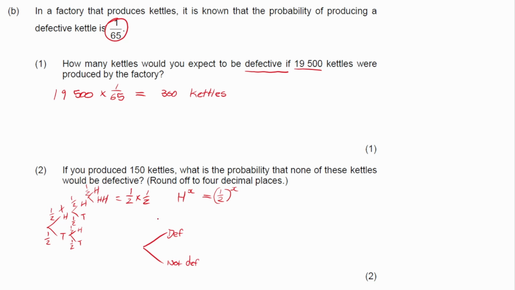So the probability of defective is 1 over 65. So the probability of not defective has to be 64 over 65. All right. So now you can imagine with this tree diagram, you're going to have defective, not defective, defective. And this again is 1 over 65, 64 over 65.